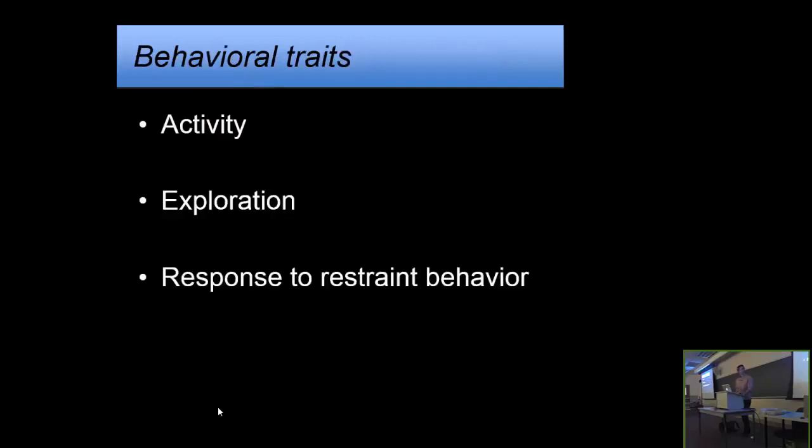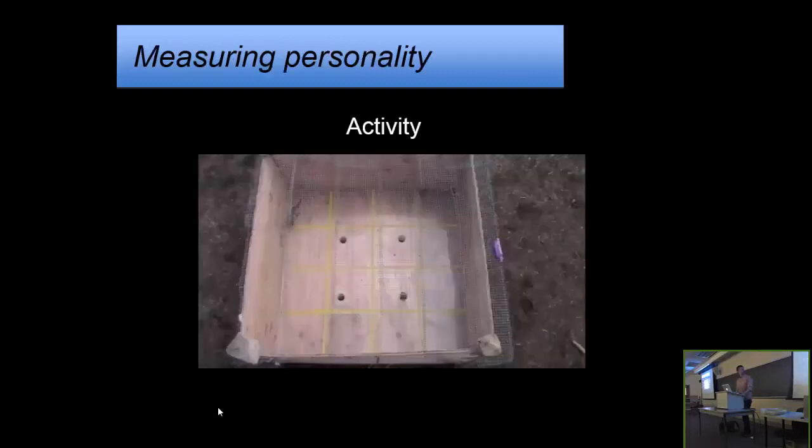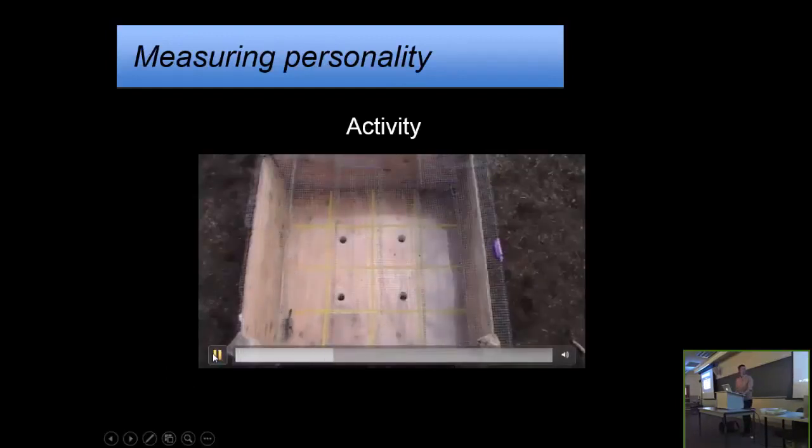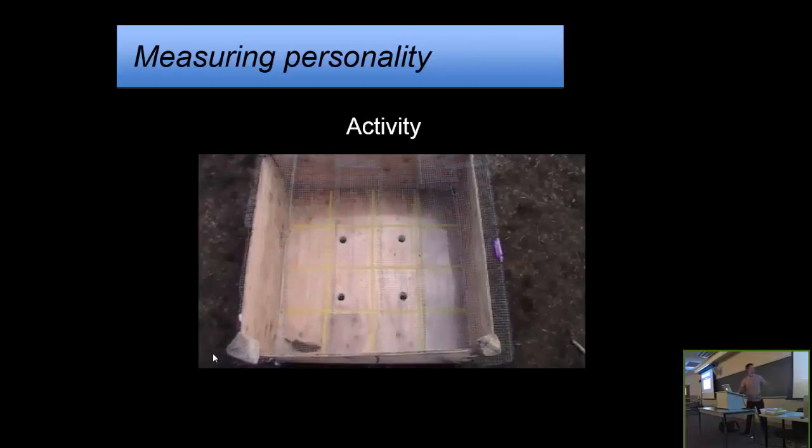So in squirrels, I'll be looking at a few different behavioral traits here, focusing in on activity, exploration, and response to restraint behavior. For activity behavior, we measure that in an open field arena, and see the squirrel ambulating about, crossing these lines, which may not show up the best.